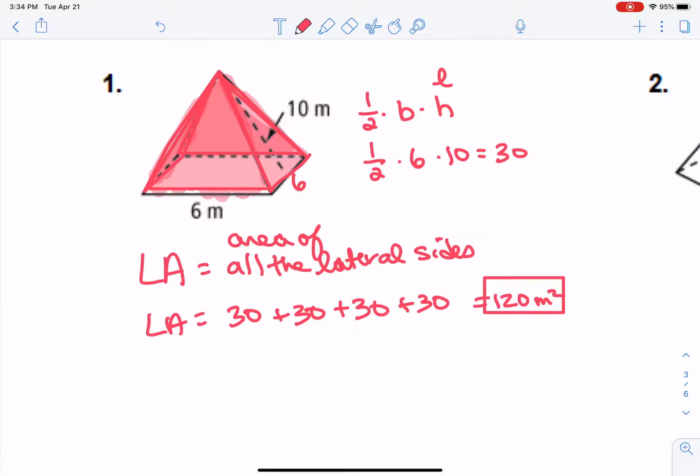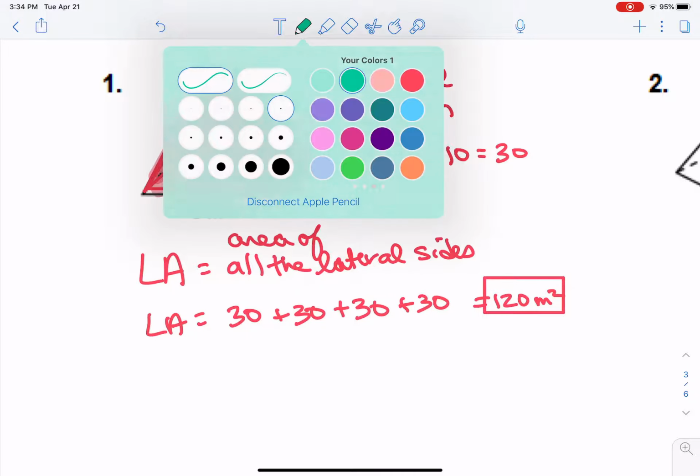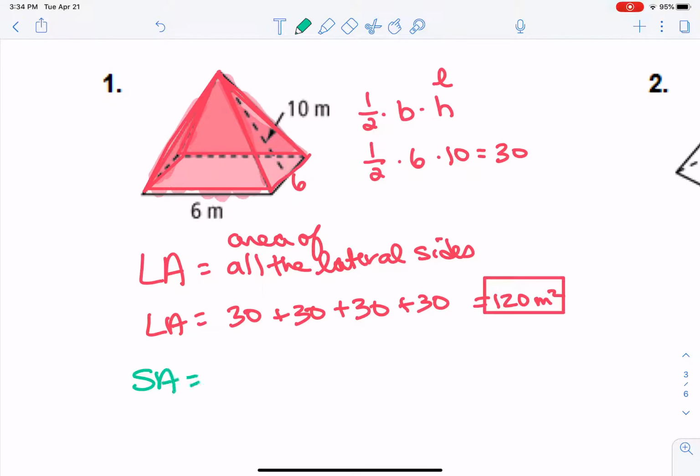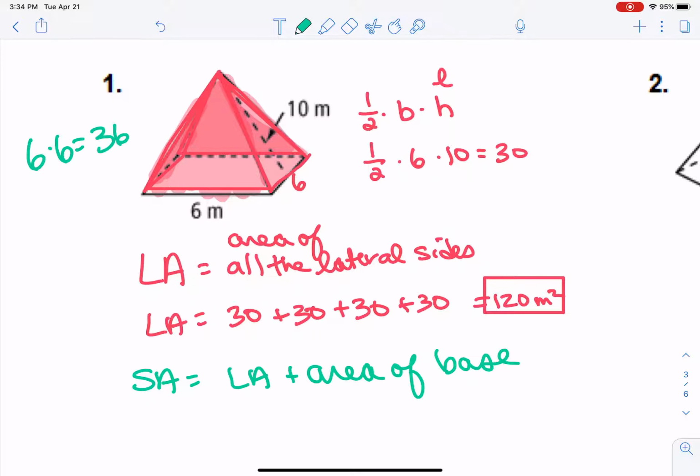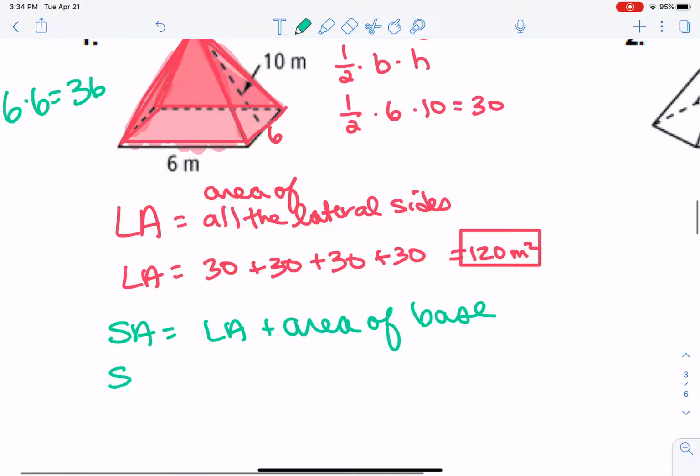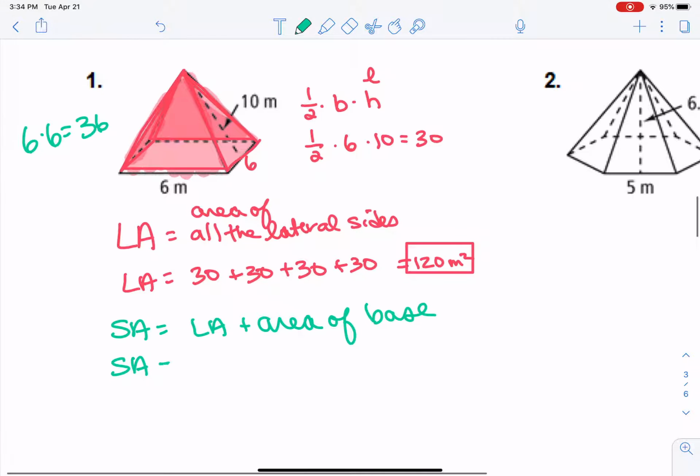Then if I wanted the surface area, I would just take that lateral area and add the area of the base. Since this is a square, it's a nice and easy one. 6 times 6, that base is 36. So I would say that would equal 120 plus 36, or 156 meters squared.